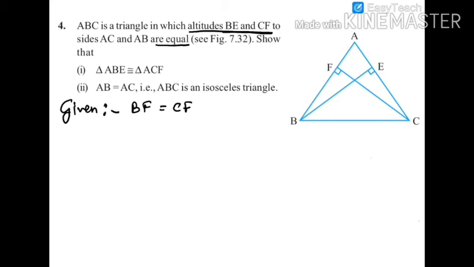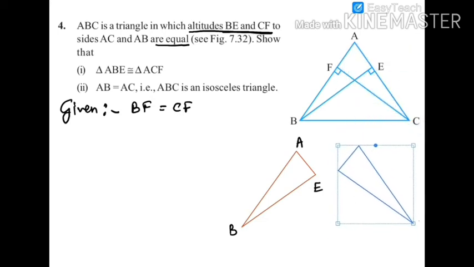Let's separate the triangles that we have to prove congruent. So this is triangle ABE and this is triangle ACF.